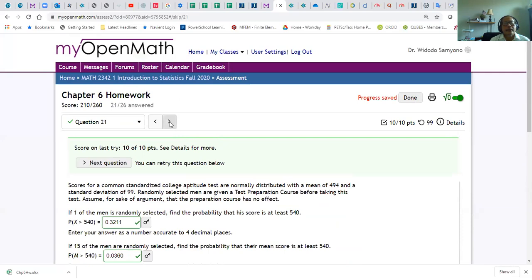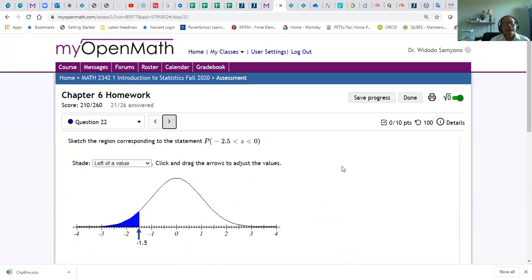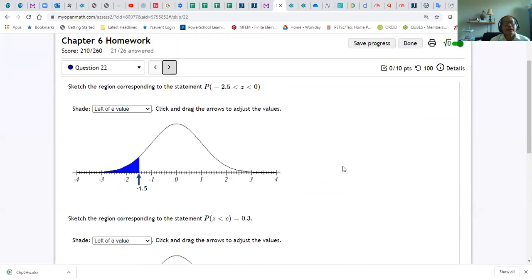Okay, let's go to number 22. Yeah, I think most of you made a mistake on this one. I have to make sure you understand this. This one is where the set is in between, right? Between two values.